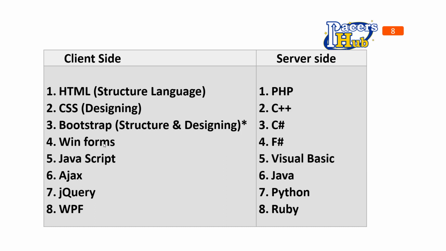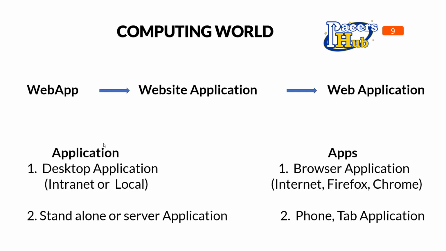Now again, moving on from there. Now we'll see the comparison. People mix words together. When people begin to mix what is web app, what is website application, what is web application. In a way, all of them mean the same thing, just the way people use them. People tend to talk more of application when you're dealing with a desktop application or application that works on intranet or a standalone application.